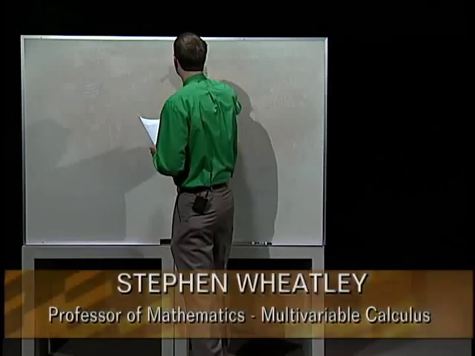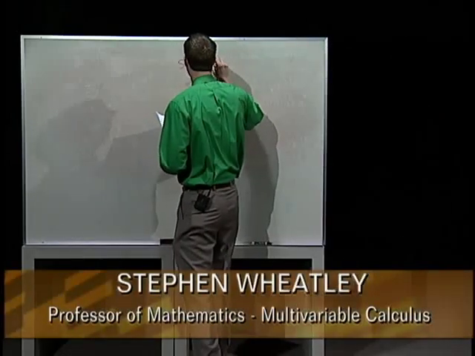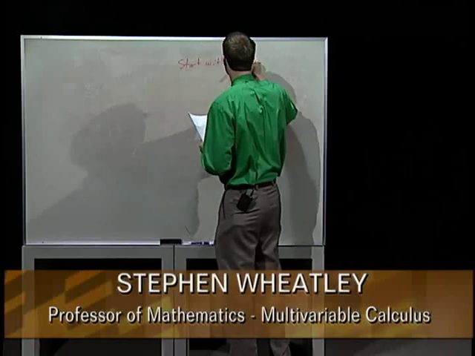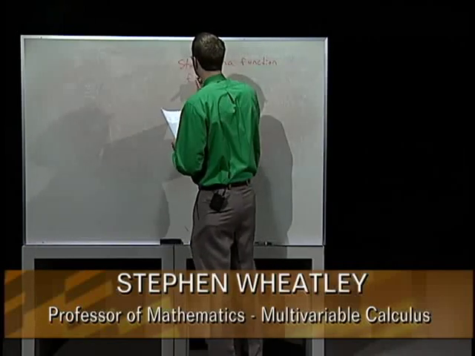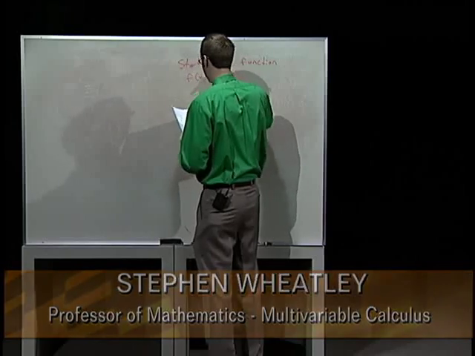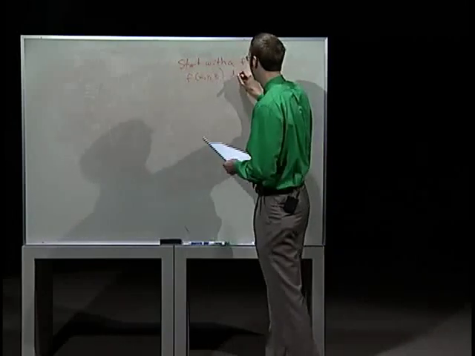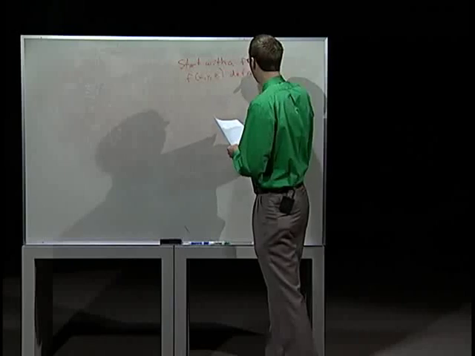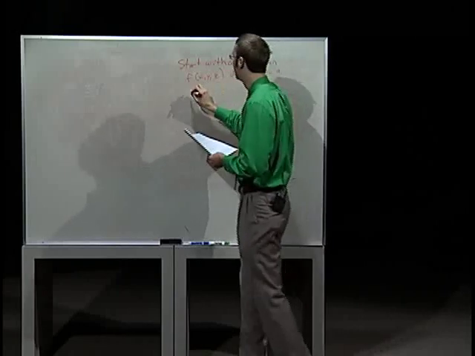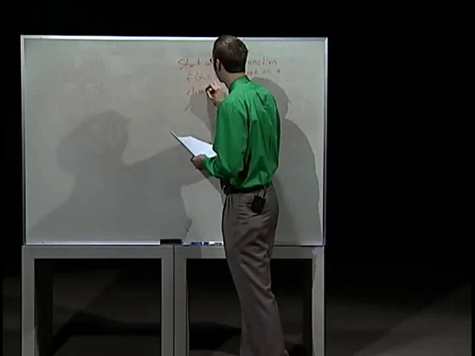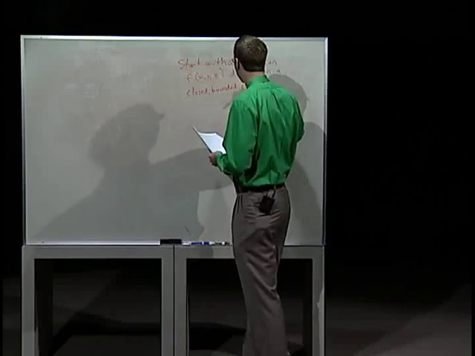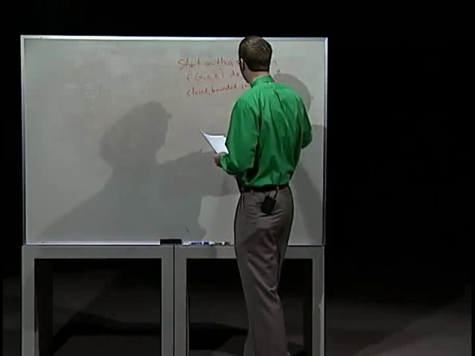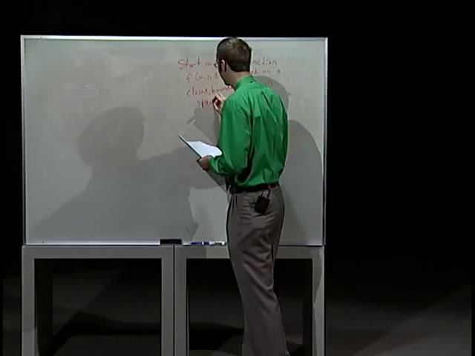All right, so we have a function of three variables. We start with a function f of x, y, z, and it's defined on a closed, bounded region in space.